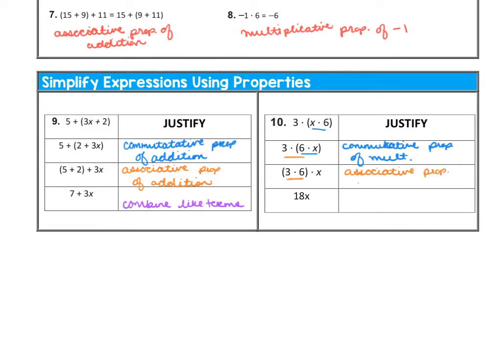And because the operation happening here is multiplication, it's of multiplication. So I've been abbreviating it mostly on this sheet so far, but you can also completely spell out the words. And then lastly, to get from line 3 to line 4, what happened? So from line 3, we had 3 times 6, and in line 4, we just have 18, and then it's times x, so we multiplied.